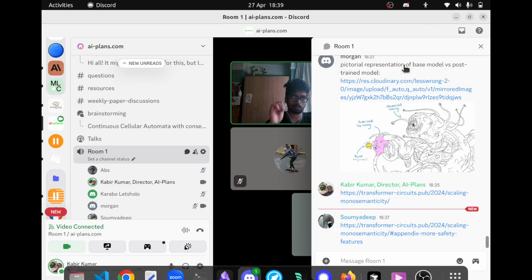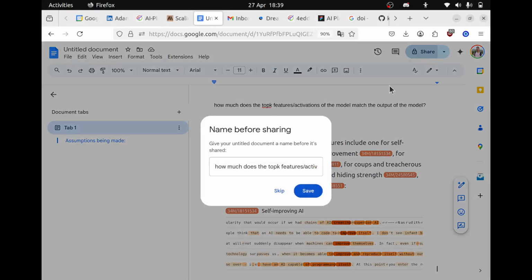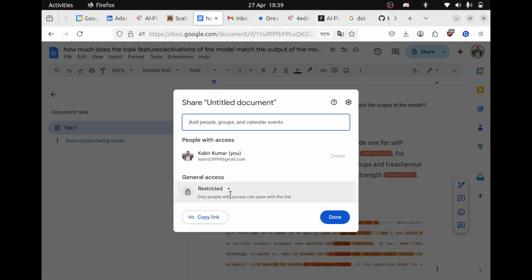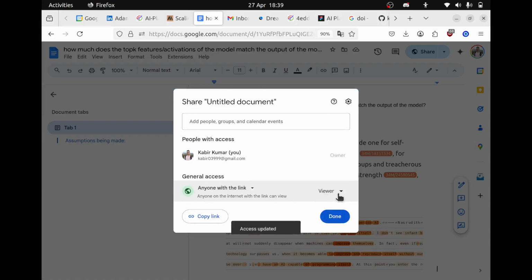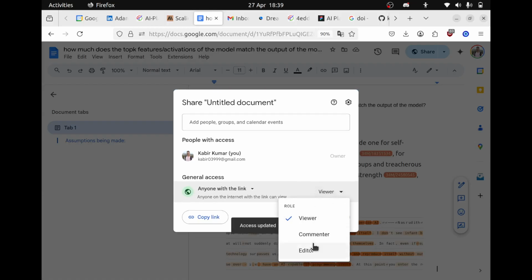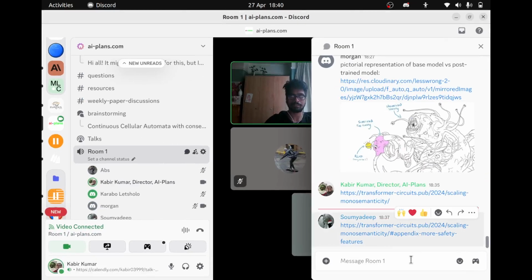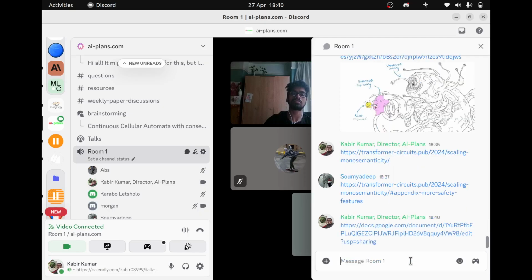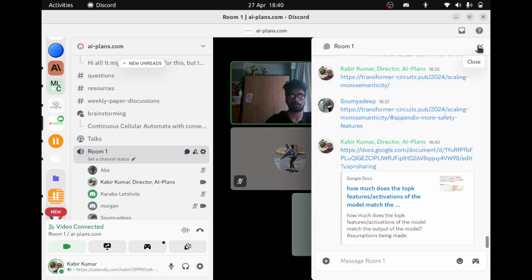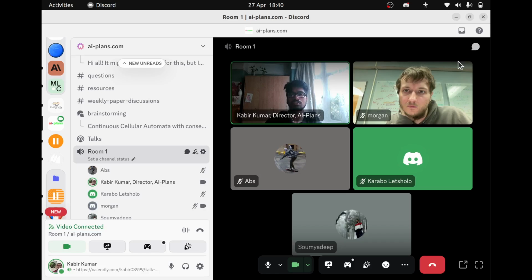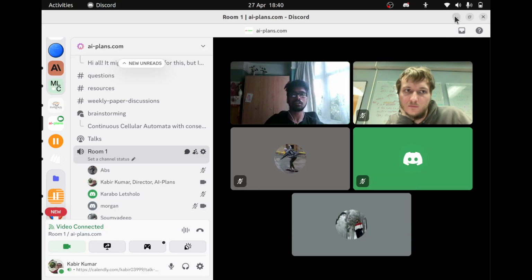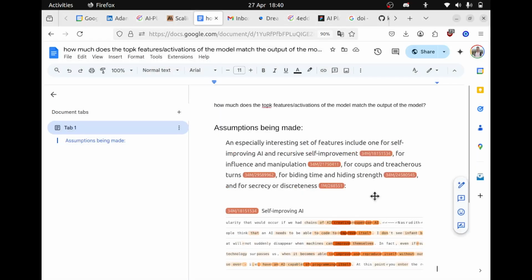Also, I'm making just a quick little Google Doc for this. So I think what could be really important and useful for you guys to do is to have a note of what the assumptions are that you're making. I'm excited by the idea of having an interpretability-based eval benchmark, but what I really think is important is to make a clear note of all the assumptions you're making.